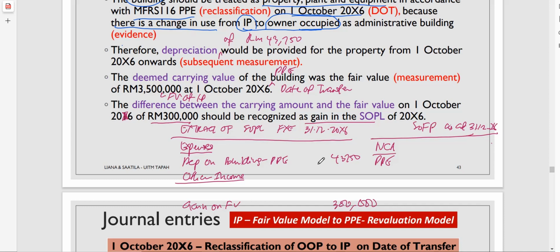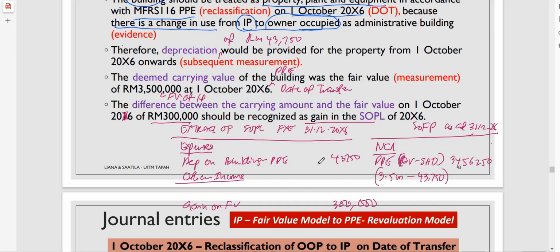There is no information about revaluation of PPE, so the revalued amount would be the fair value minus the subsequent accumulated depreciation. So it is at revalued amount. What is the revalued amount? The revalued amount would be 3.5 million, which is the carrying amount of the PPE, minus the subsequent accumulated depreciation, which is 43,750. And that will give you 3,456,250.